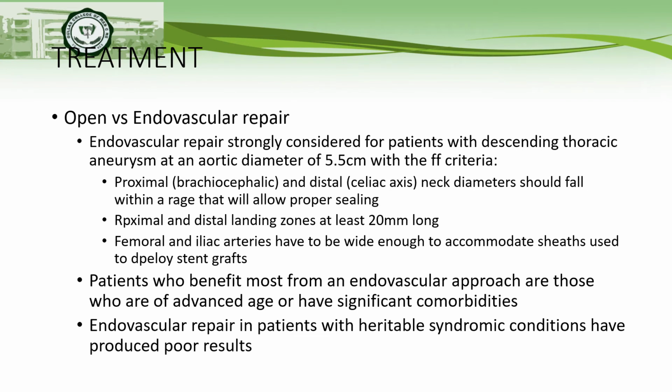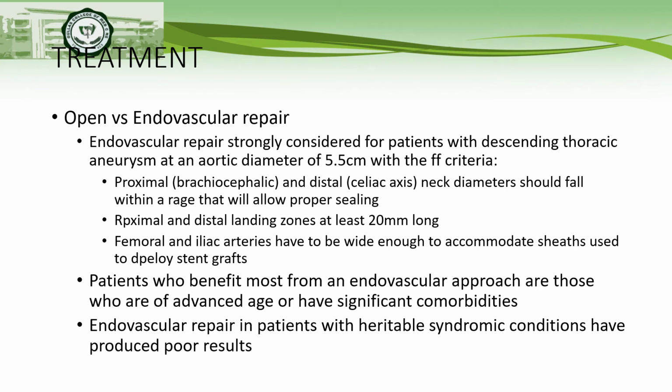So treatment is mainly open or endovascular repair. So when do we do endovascular repair? This is strongly considered for patients with descending thoracic aneurysm at an aortic diameter of 5.5 centimeters. But you have to follow the following criteria.